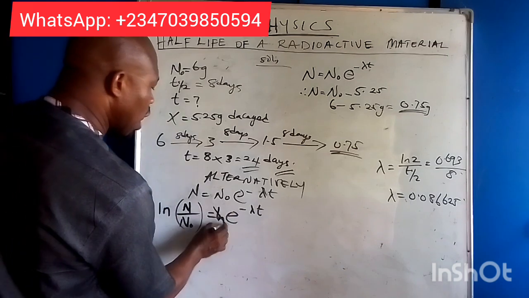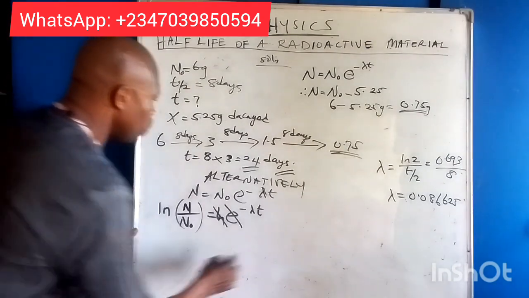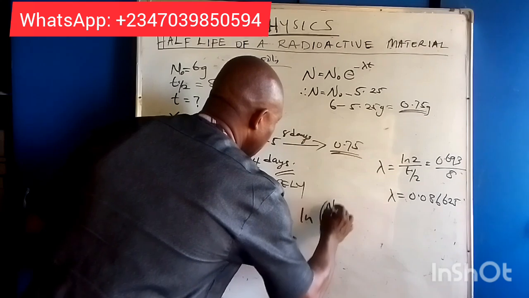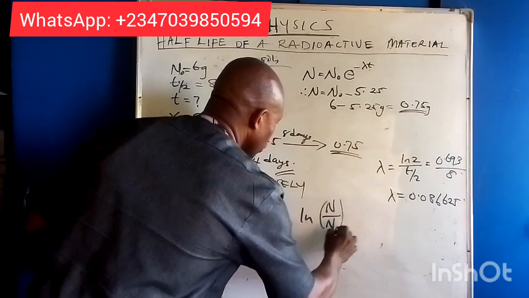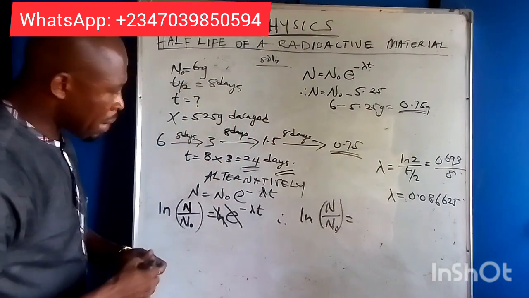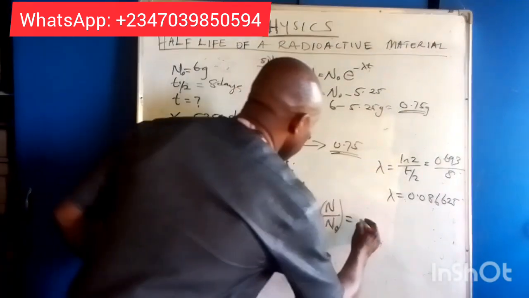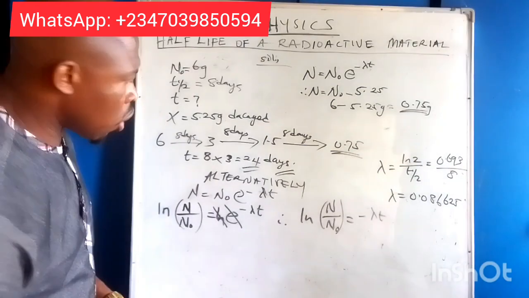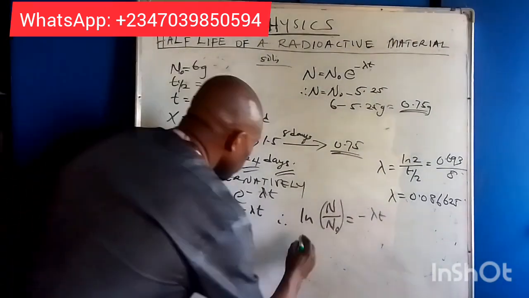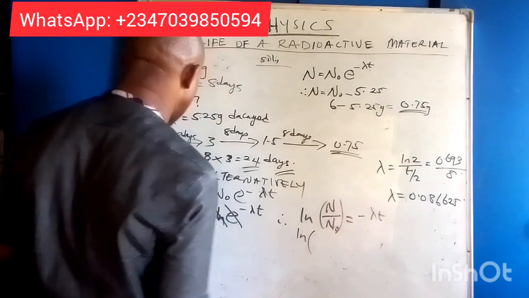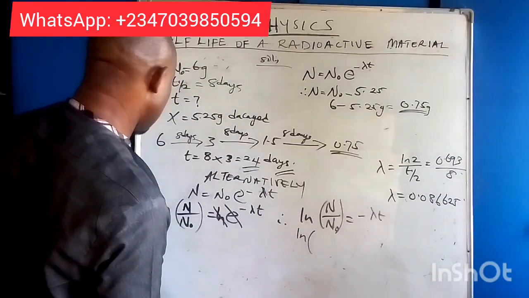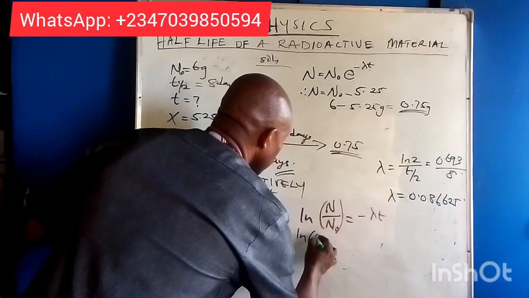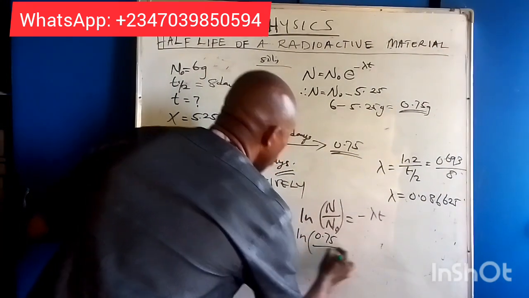And if we now take this, this one will go. Therefore, we now have the natural logarithm of N over N naught is equal to minus lambda t. Now, which will give us ln N. N is what is remaining, 0.75, all over the original mass.